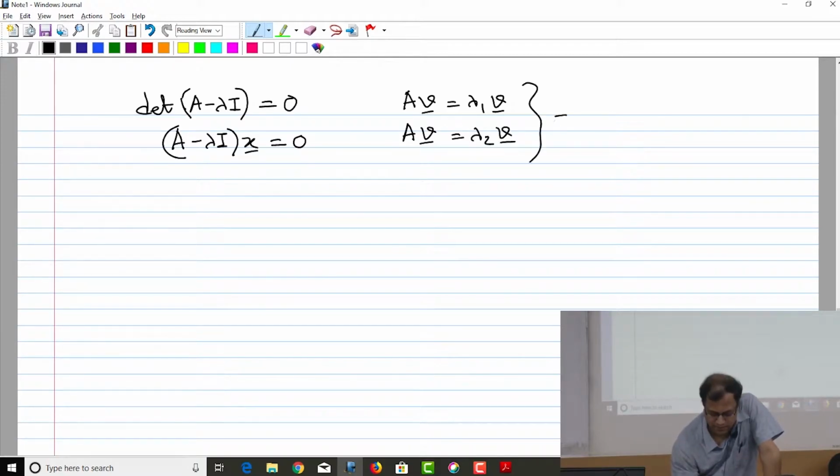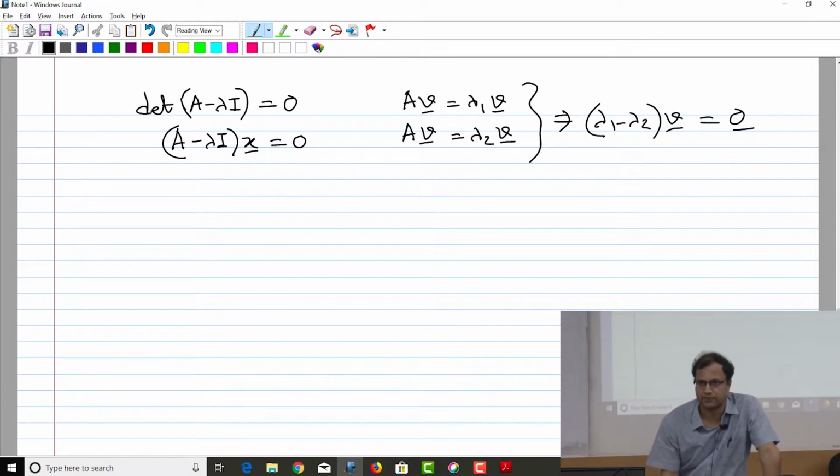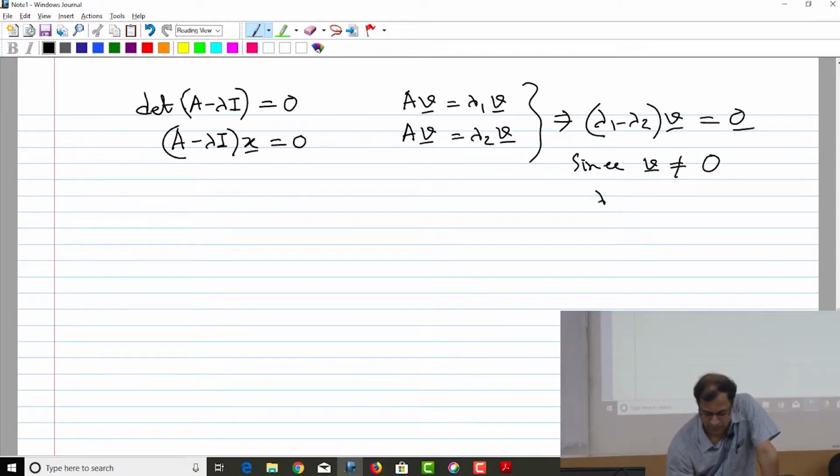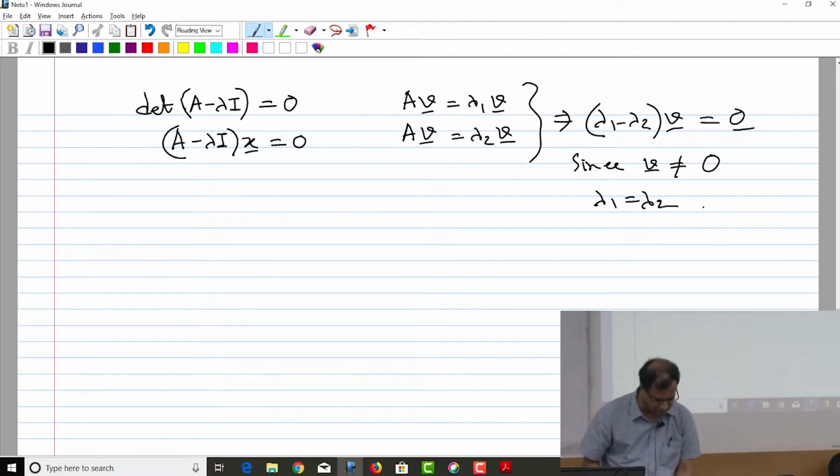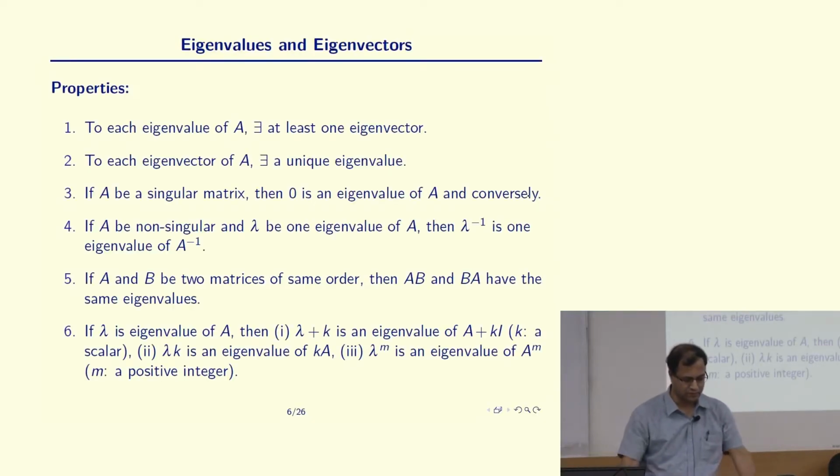So this implies lambda 1 minus lambda 2 times V equal to the 0 vector, right? But the V vector is non-zero because this is an eigenvector. So lambda 1 must be equal to lambda 2. Okay, you try those proofs of these properties.